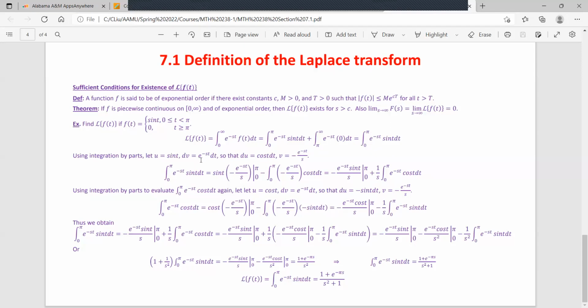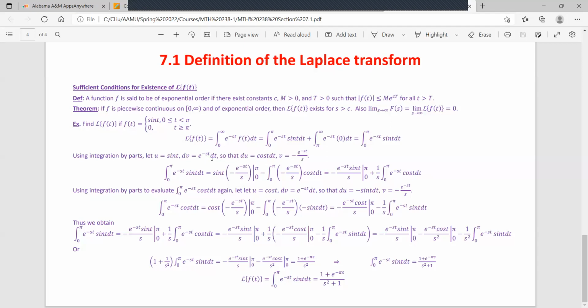If you still remember Calc 2 integration by parts. And then you just find the differential of u, you get cosine t times dt. Remember, take the derivative of sine t, which is cosine t. And then integrate e to the negative st, you get v. So that'd be negative e to the negative st over s.